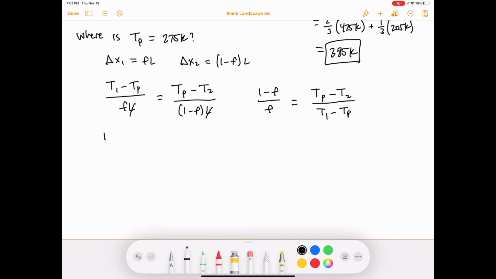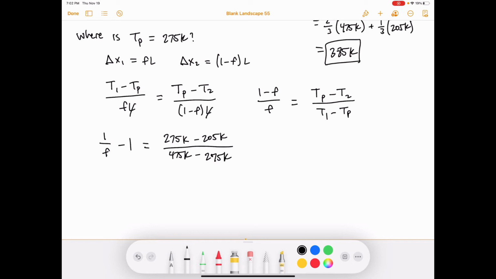We have 1 over F minus 1 on this side equaling, okay, Tp is 275 K minus T2 is 205 K. Divide by T1, which is 475 K, minus Tp, which is 275 K.